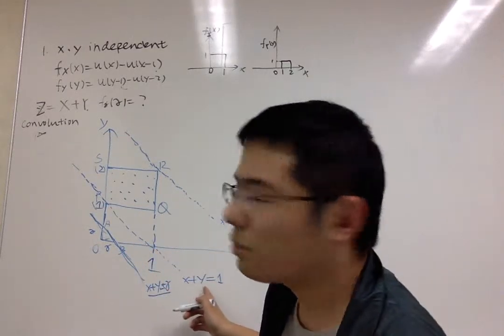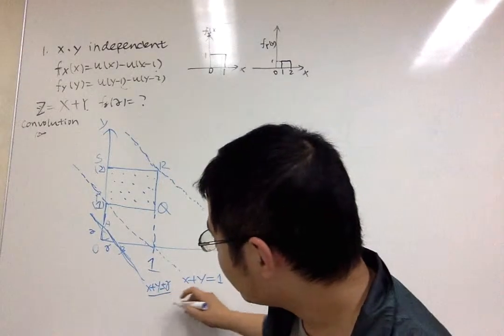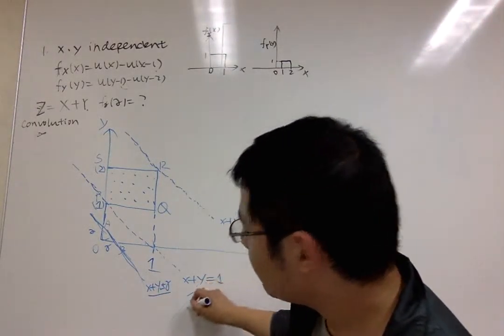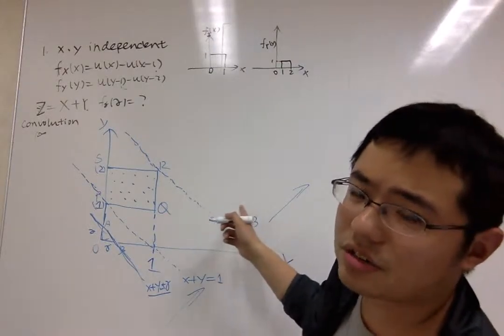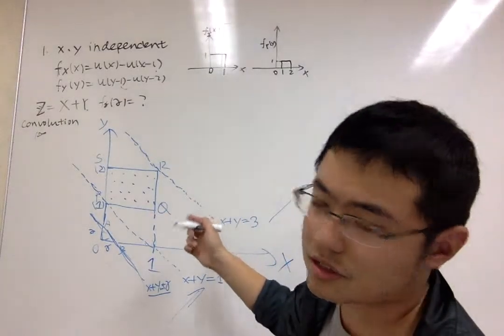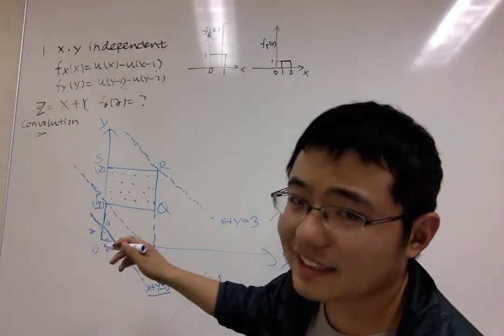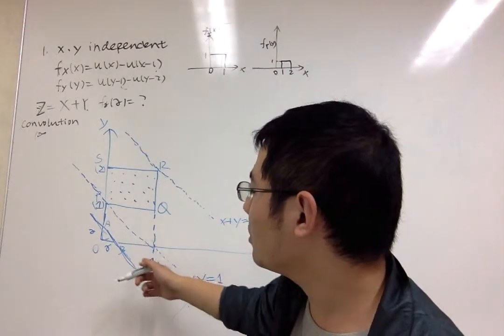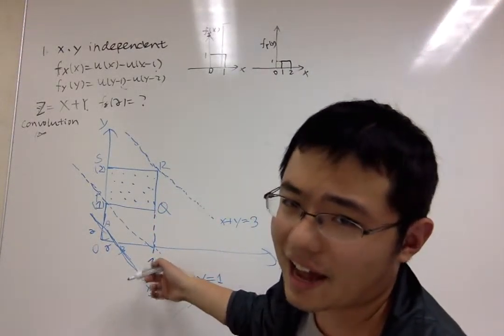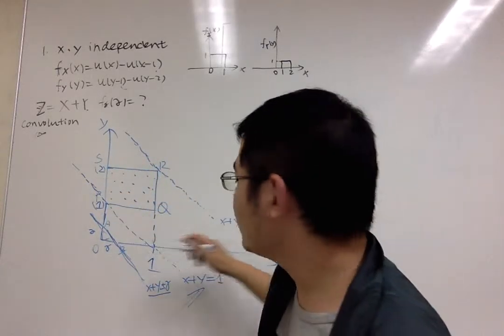When z is larger, the straight line just moves like that in the direction of northeast. So the minimum z that could cause the straight line to have a common area with the square is when z equals 1.